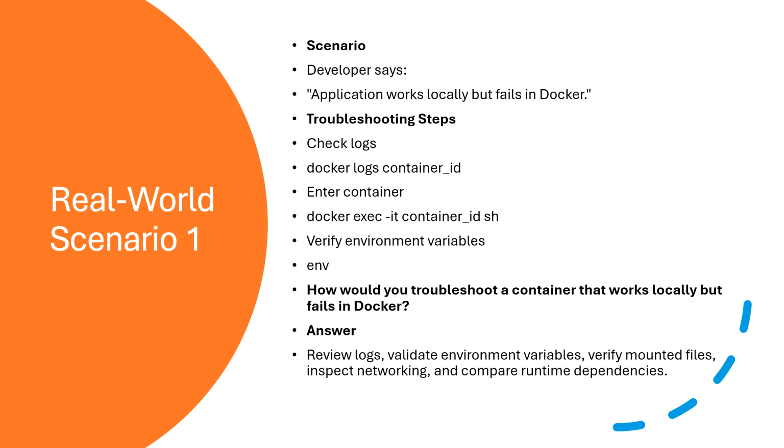If there is any networking issue, inspect that. Compare any dependency differences between the local and the container environments. So the troubleshooting steps in this scenario are: review the logs, validate environment variables because it is working on the laptop but not in Docker, verify mounted files, inspect the networking, and compare the runtime dependencies.